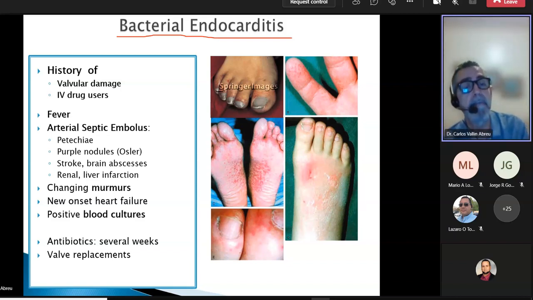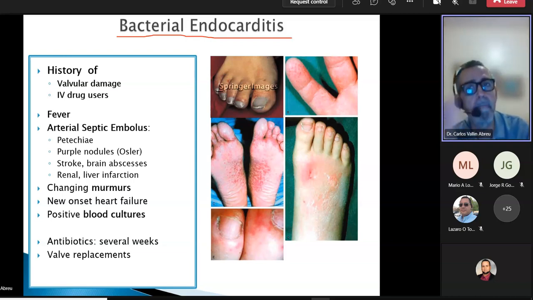So we have a patient with a previous murmur that now presents fever, deterioration, and starts presenting embolization all over the body. Those pieces of the mass go to the brain, the eyes, the kidneys, the liver, to any part of the body.